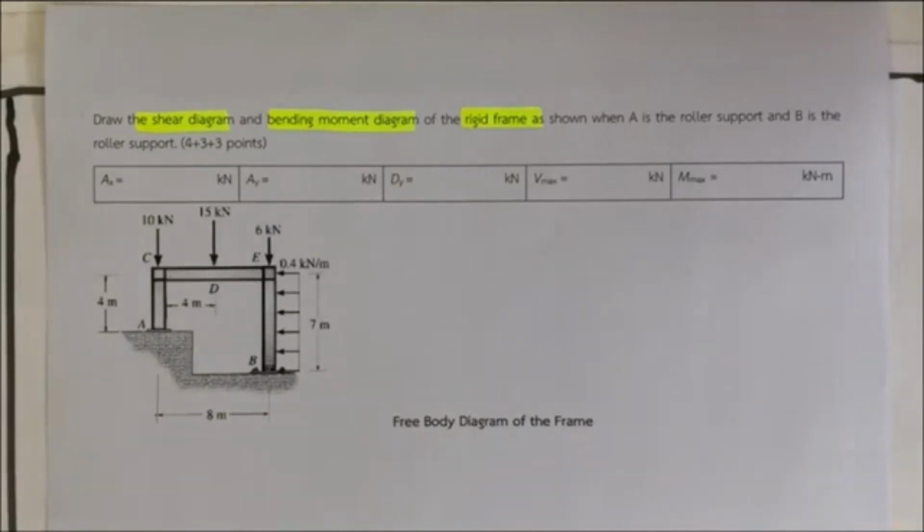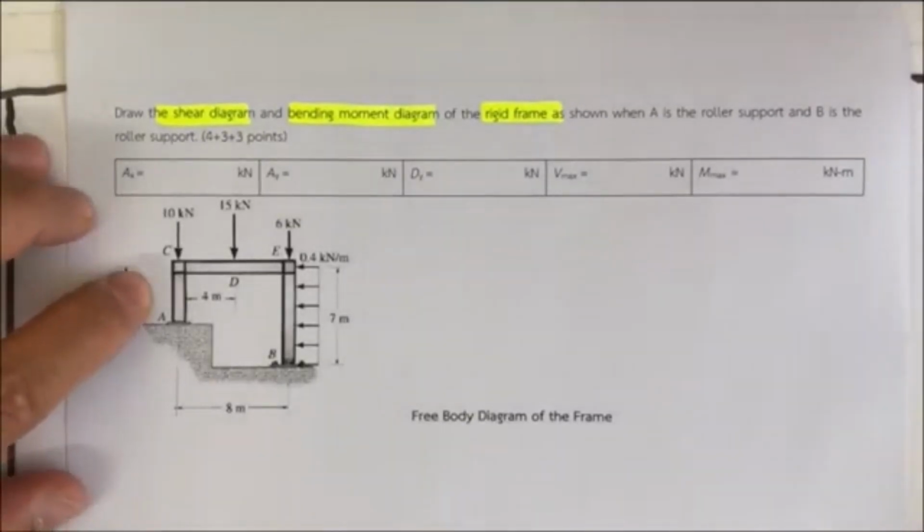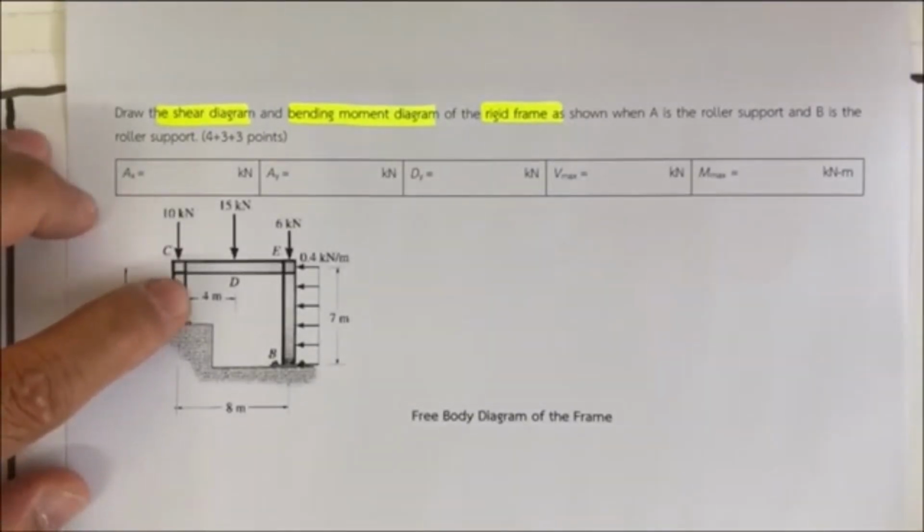And then we use the graphical method, or we may use the equations of the shear force and the equations of the bending moment to draw the diagram. If you recall, the method of writing the equations is kind of tedious and cumbersome, especially when the structure must be considered in too many sections.